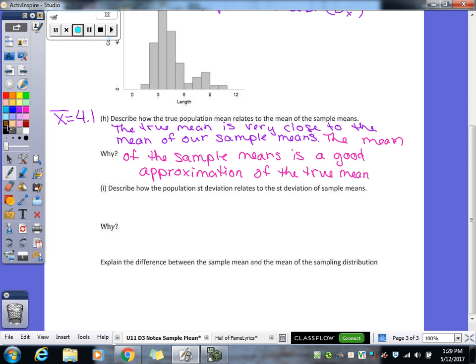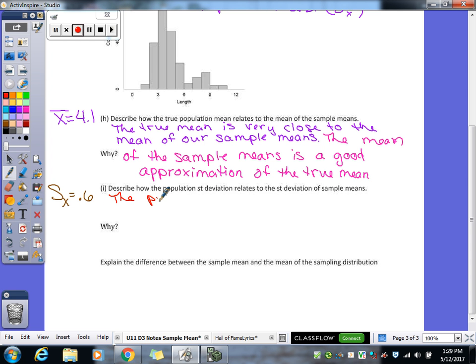So then describe how the population standard deviation relates to the standard deviation of the sample means. We had our sample standard deviation, said was approximately 0.6. However, if we look at our graph, what is our population standard deviation? 1.9. So it's like 3 times as large as what we said our sample standard deviation was.